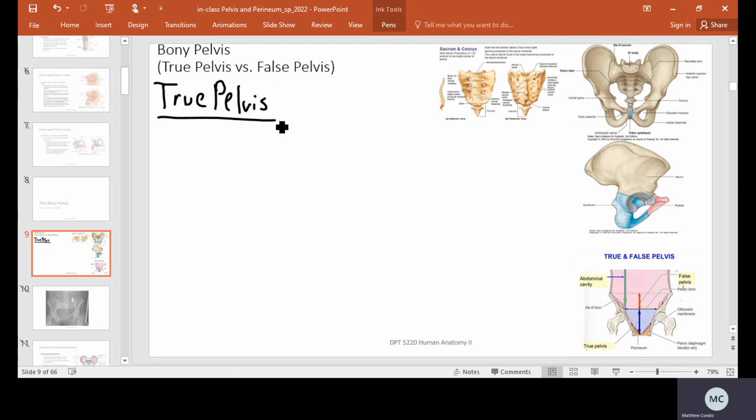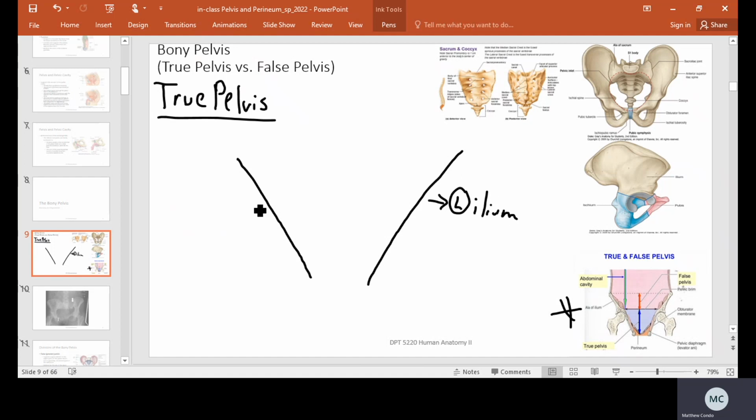So if I'm going to look at this picture down here at the bottom, and I have essentially this being my left ilium, and this being my right ilium.